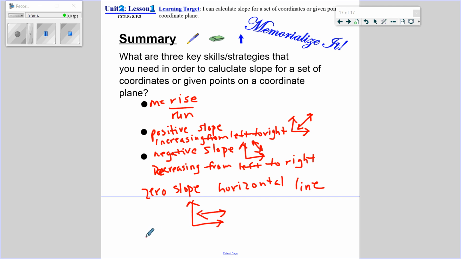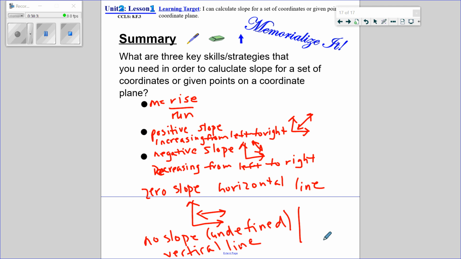And then we have no slope, which is usually referred to as undefined. It's a vertical line. And here's your vertical line.